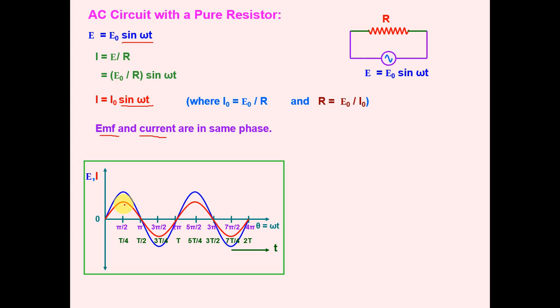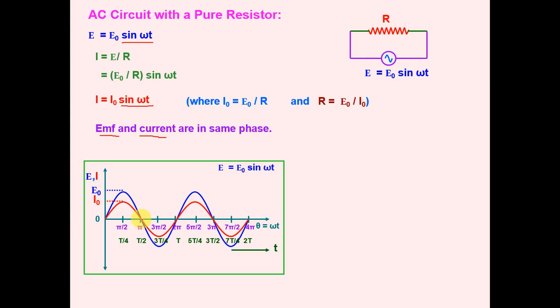Obviously the magnitude of current is EMF over R, so it is a little bit smaller than the peak value of the EMF. When your EMF is at the maxima, current is also at the maxima. When EMF is at zero, current is also at zero. Means both of the waves flow in the circuit in the same phase.